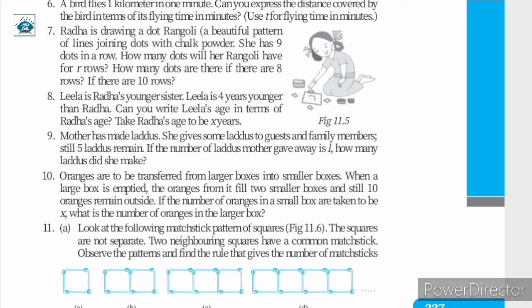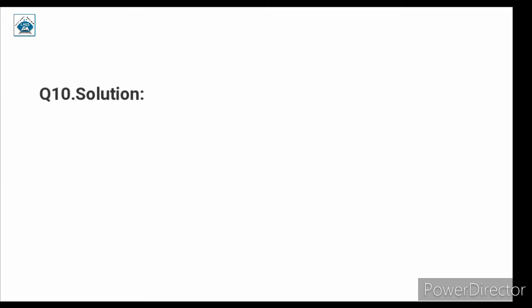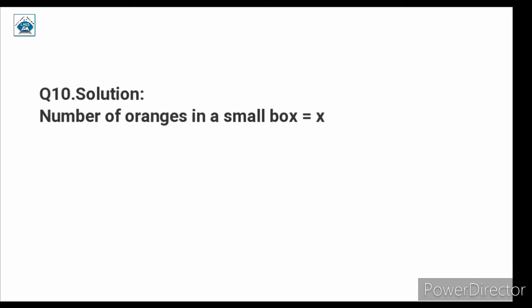Here, the number of oranges in a small box is taken to be x, and we are asked what is the number of oranges in the larger box. To find out, let us see the solution. In the question, we are given that the number of oranges in a small box is equal to x.